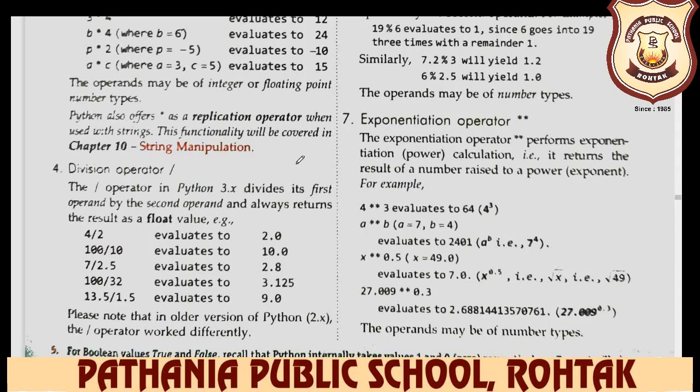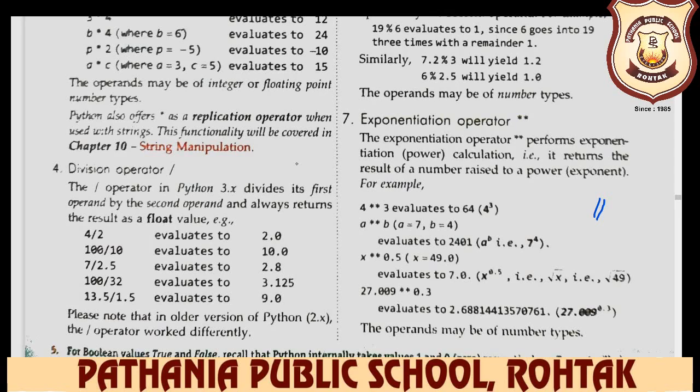But now we define here the division operator and your floor division operator. In the division operator you just write one slash, and in the floor division operator you write a double forward slash. So what is the meaning of this? Why do we use it?